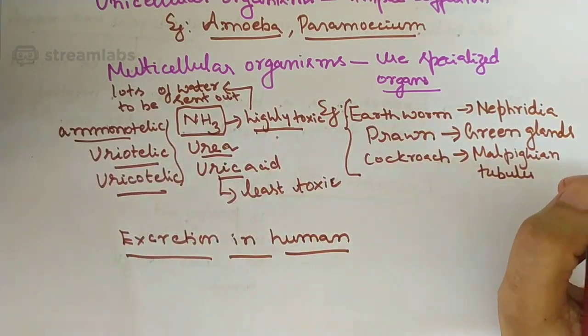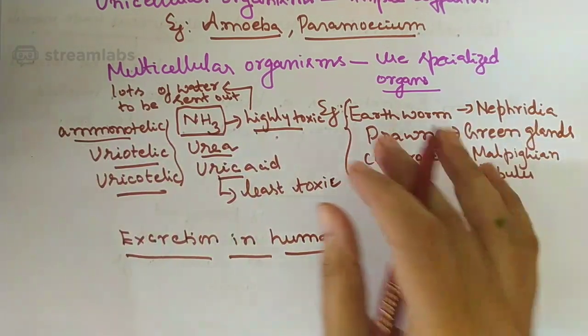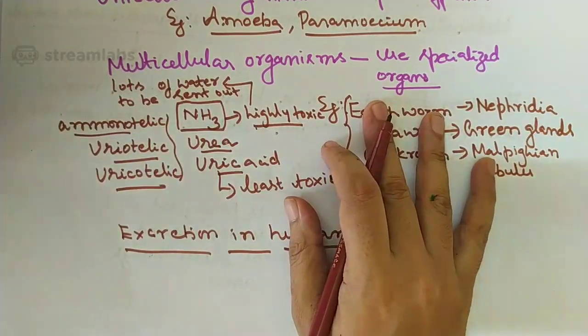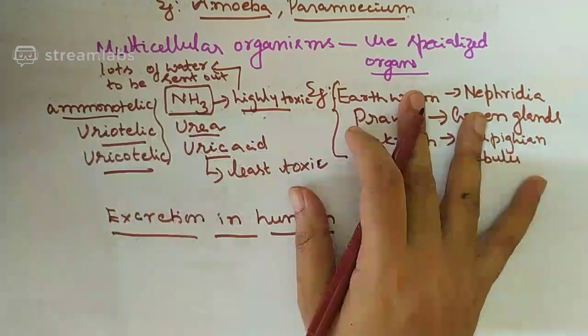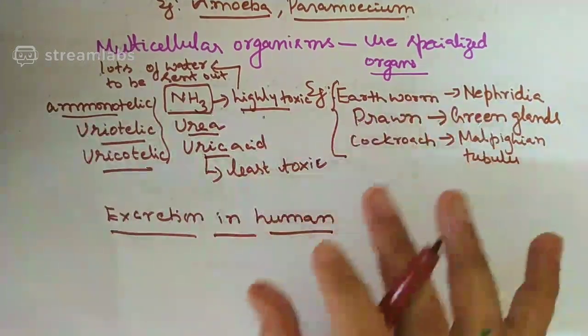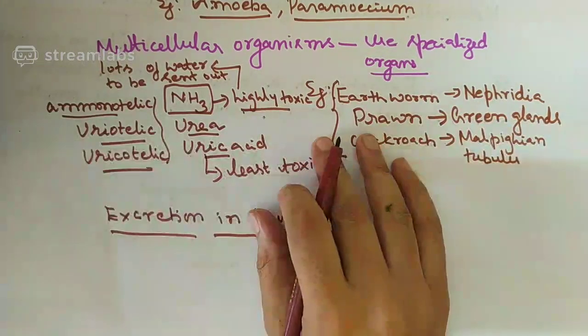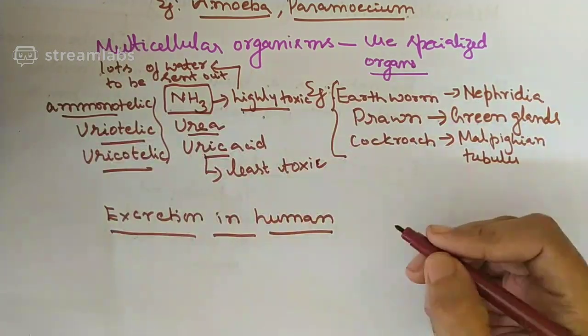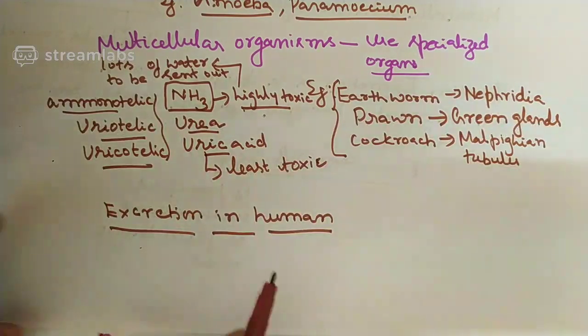So we have to study the excretory system. Before seeing the diagram of the excretory system, can you just recall what are the different parts present in your excretory system?